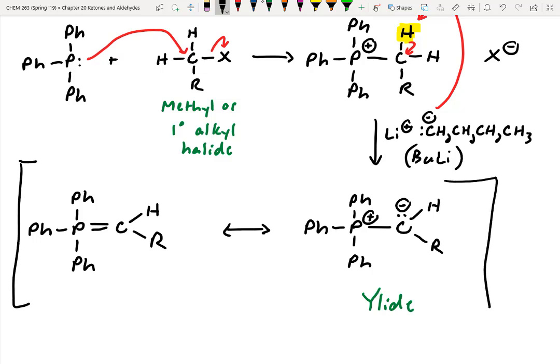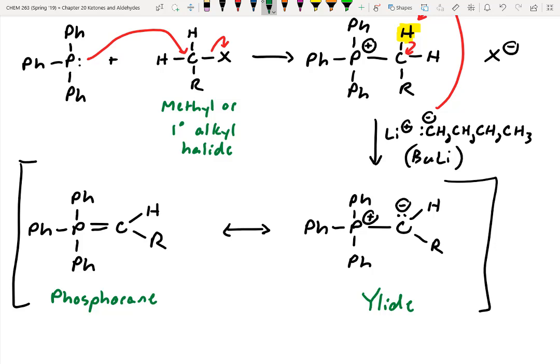However, these are referred to differently. If you see the double bond version, this is called a phosphorane. So you might see that terminology thrown around. In general, I just refer to them both as ylides because why have different names for the exact same molecule? So I just wanted you to be familiar with the different name if you saw it.